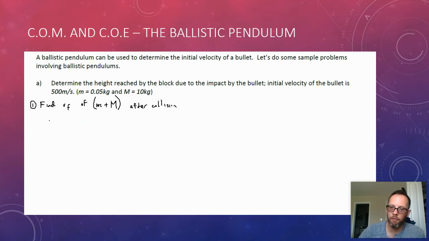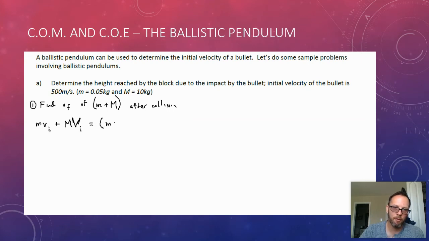So let's set up our conservation of momentum equation. So we have little m for the bullet, and I'm going to use little v for this one. Plus the mass of the block, and I'll just use a big V, for the initial speed of the block.